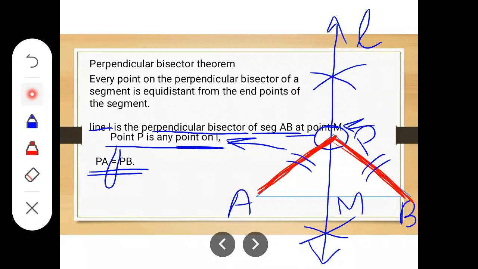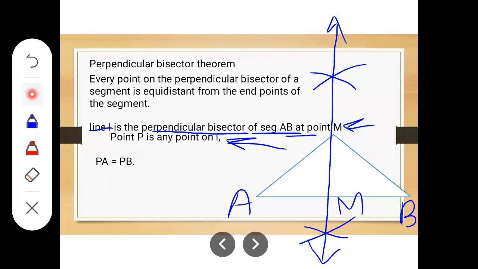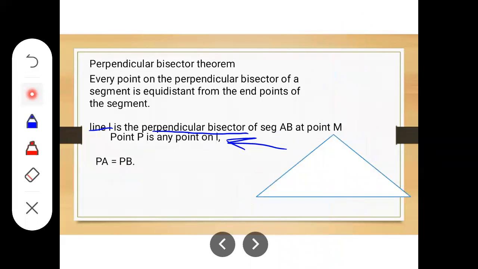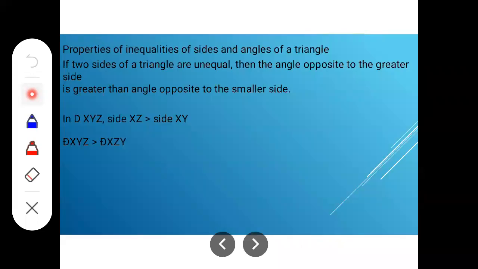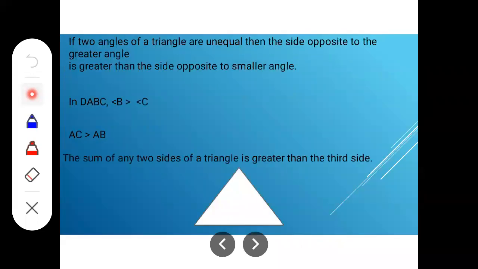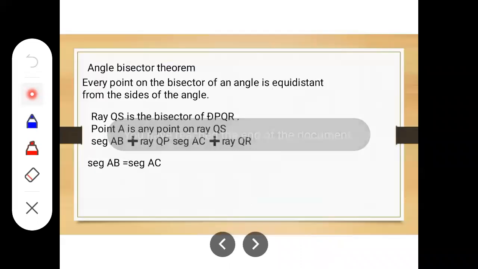So from those end points, point P is equidistant, at equal distance. So PA equals PB, PA is congruent to PB. Yes, this is the perpendicular bisector theorem. Now the second last theorem, the angle bisector theorem.